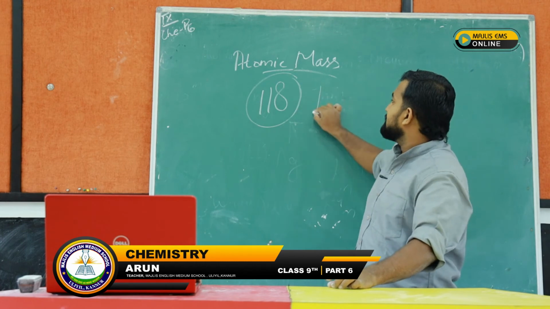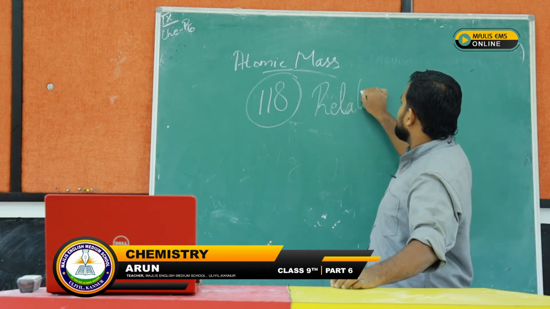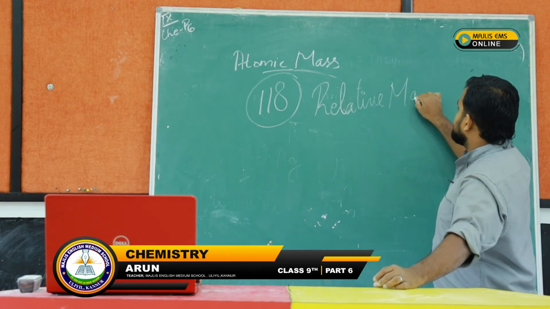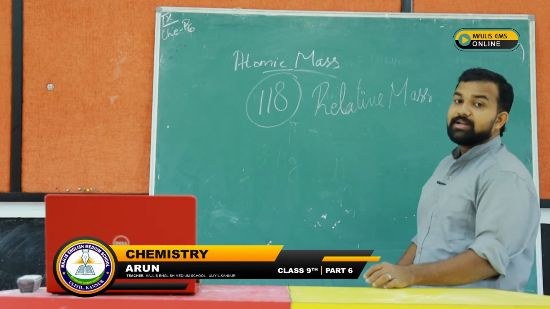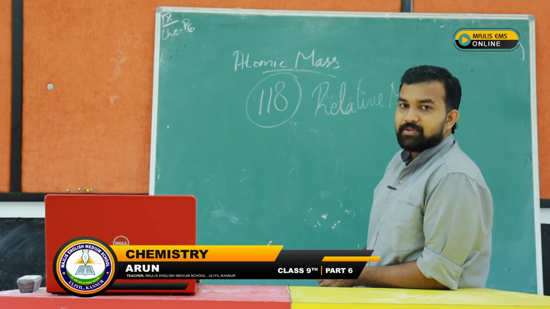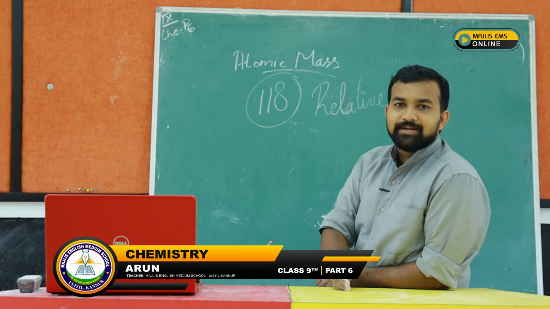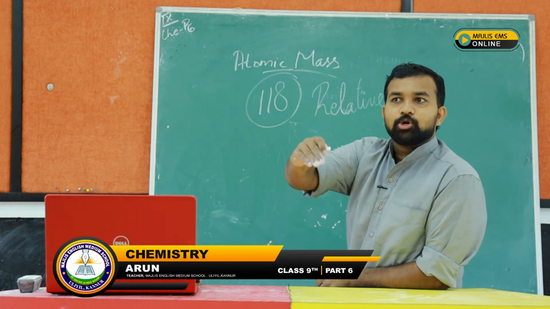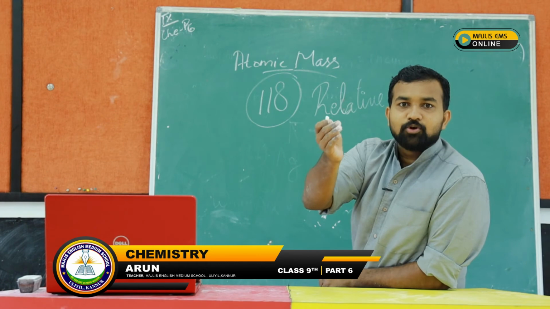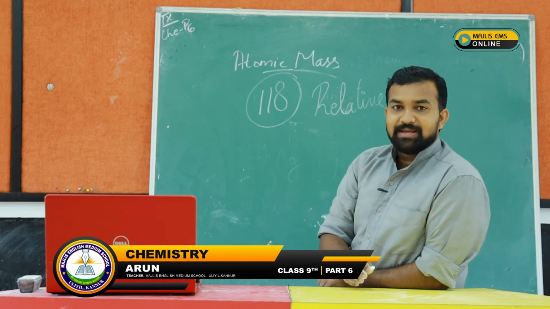So what they did is, they took relative mass. The relative mass of the atoms was considered at the beginning. There should be some standard, and with respect to that thing, what is the mass of the other elements. That is what they considered in the beginning.